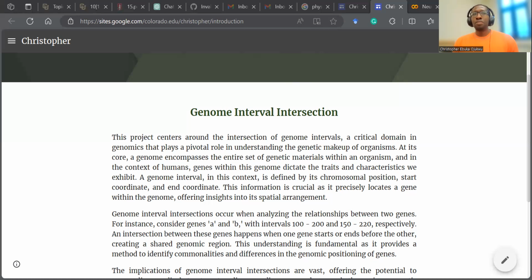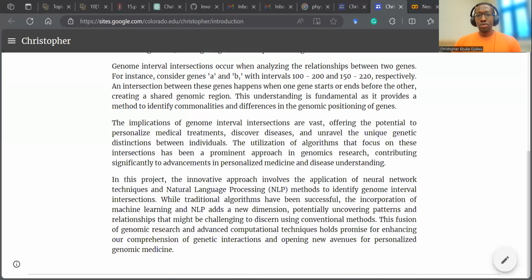It's used in precision medicine, and in population genetics to know, has there been anyone in the population who has this kind of disease? And by using that, we're able to find your best fit treatment for that particular disease. So my goal really is to use another method in finding this genome interval intersection that isn't what has been done before.